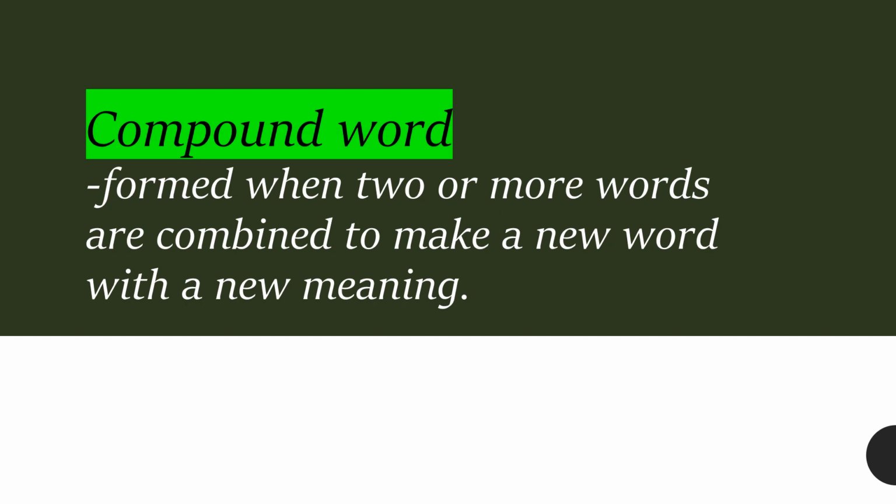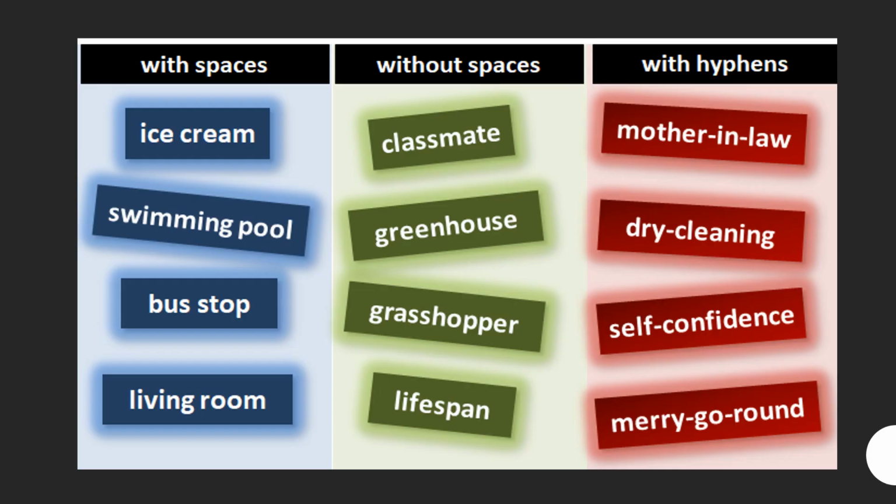A compound word is formed when two or more words are combined to make a new word with a new meaning. We can write it with spaces, without spaces, or with hyphens. Ice cream, swimming pool, bus stop, living room are examples of words that we use with spaces.